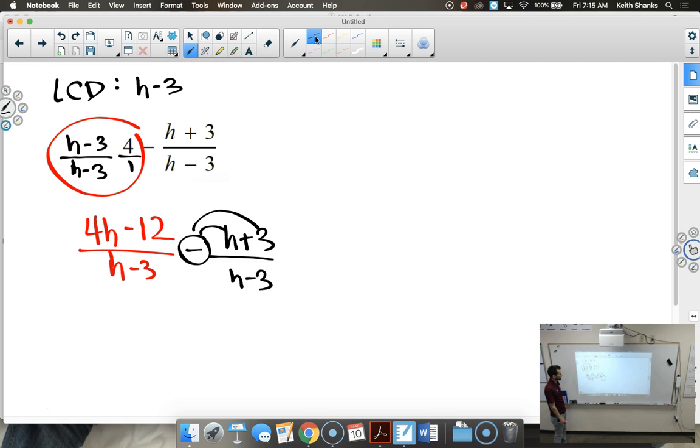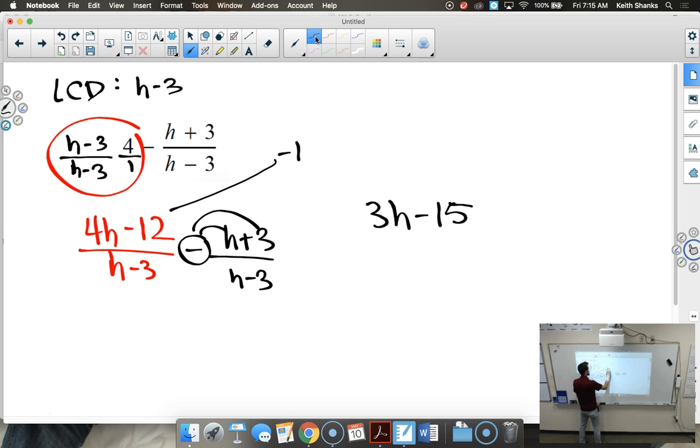All right. And so as we solve that, we're going to end up with 3h. Okay, 4h minus h, and then negative 12 minus 3 is negative 15. Okay, again, negative 12 right here, negative 12 minus 3 equals negative 15.